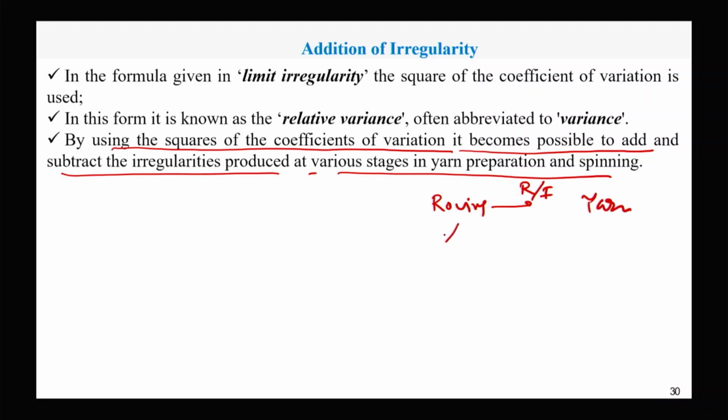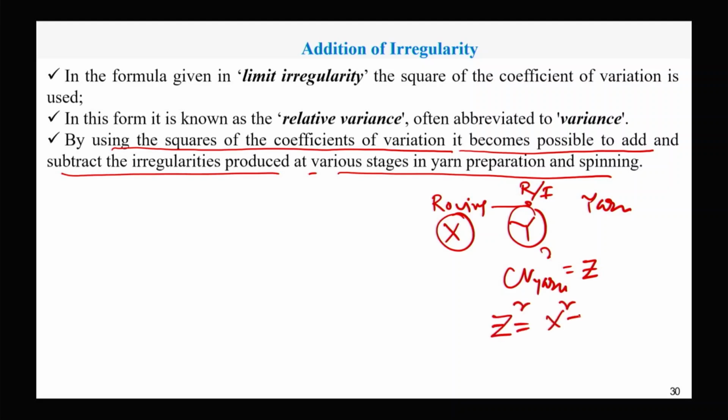If roving has X CV and Y CV is added during the ring frame, the CV of yarn will be Z. So the relationship is Z square equals X square plus Y square. So we can calculate Z by the square root of X square plus Y square.